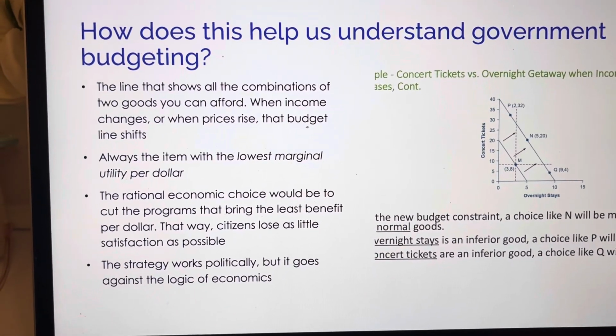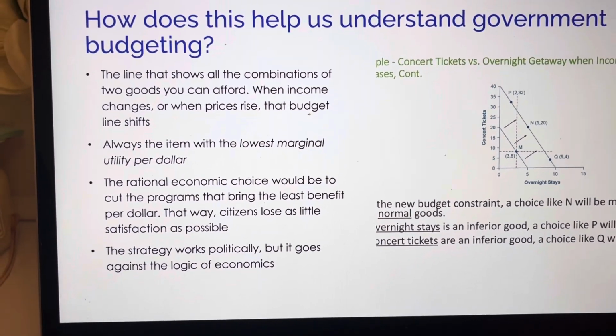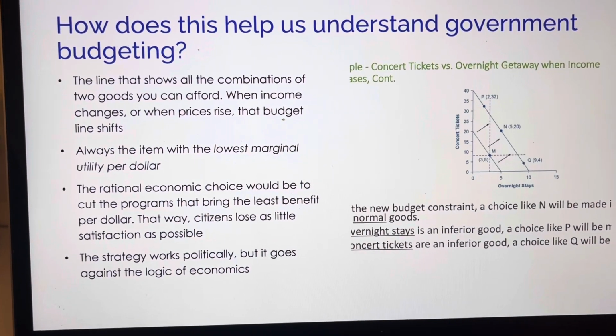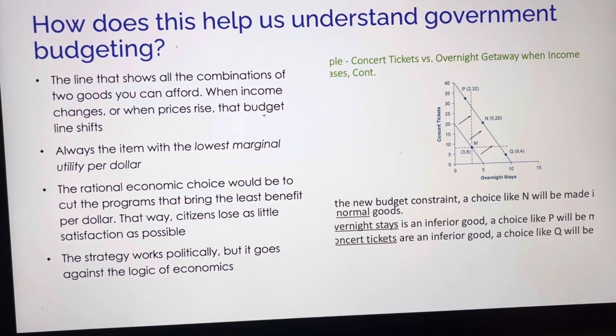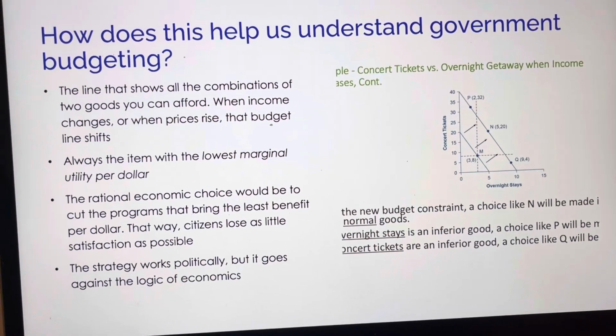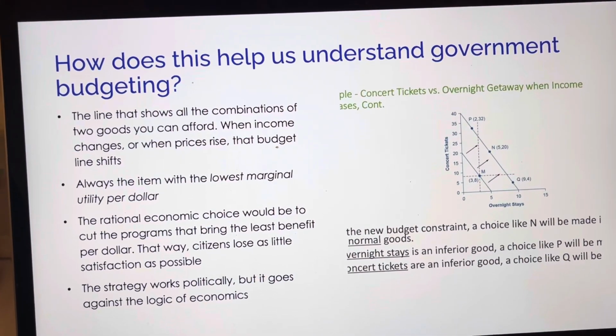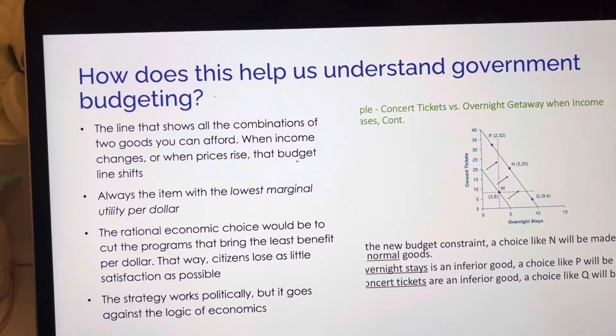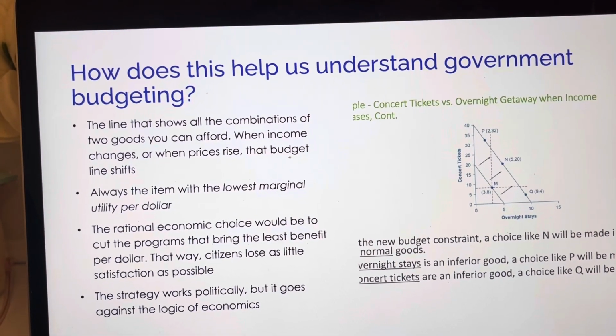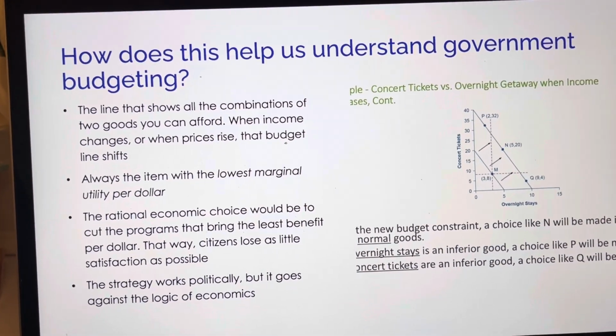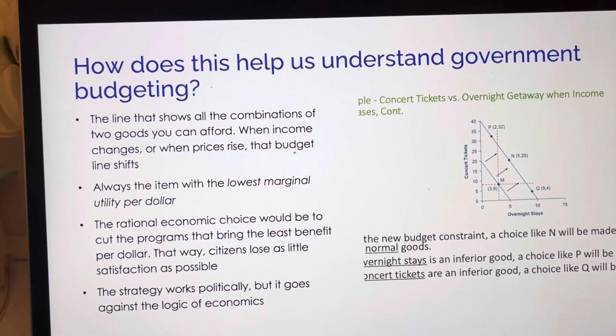Instead of cutting their least valuable programs, they threaten to cut the most visible, highest marginal utility item, like closing the Washington Monument. The goal isn't efficiency. This is pressure. This creates public outrage and forces lawmakers to reconsider cuts. Economically, it's inefficient, but politically, it's effective.